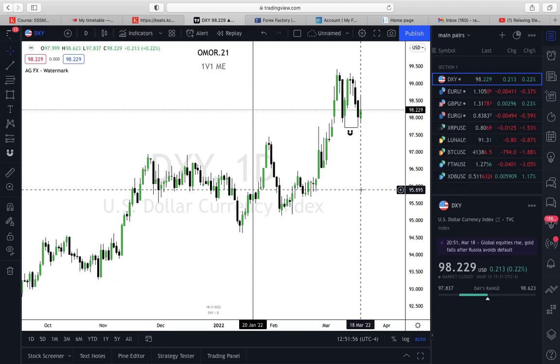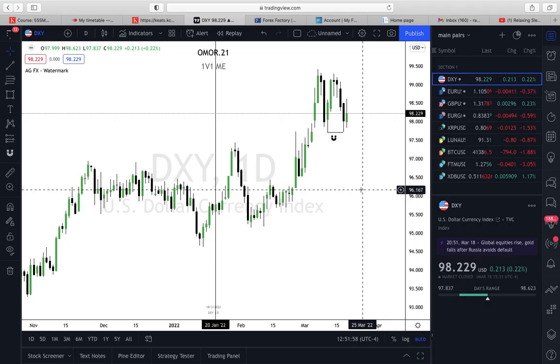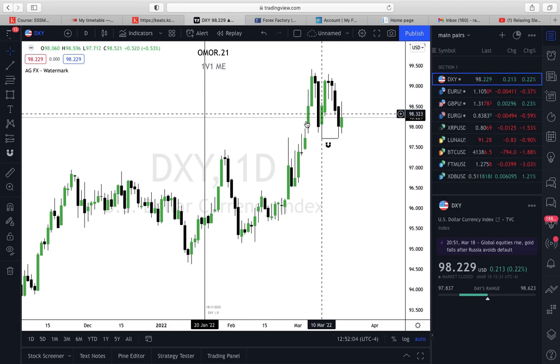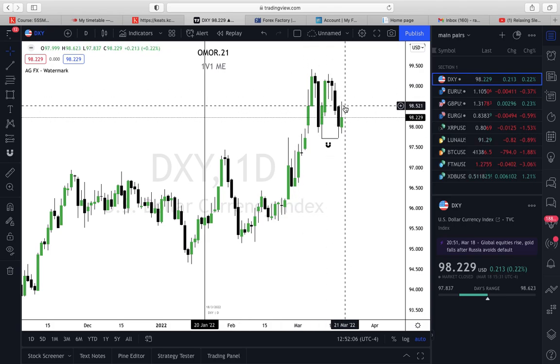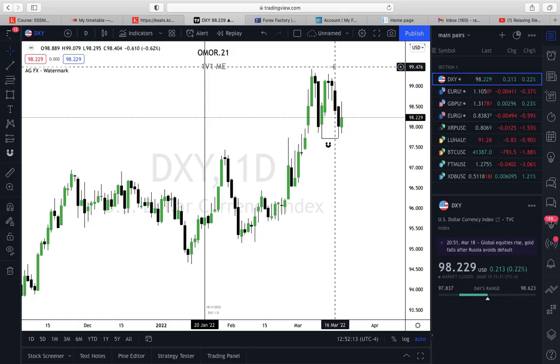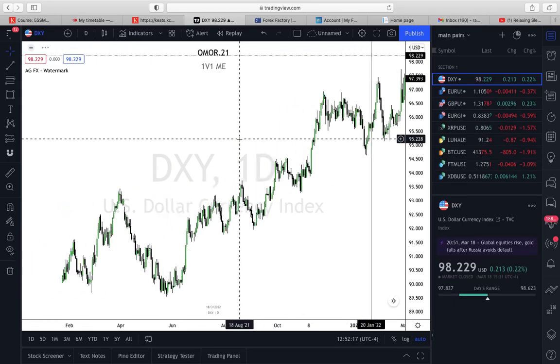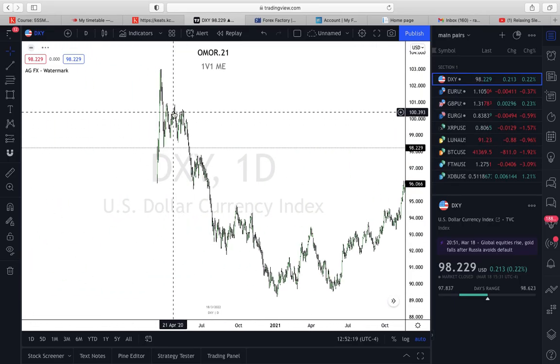I expect Monday is going to be very huge to see where the DXY is trying to go. Right here is very unclear. We're going sideways here. It's unclear what we're doing. I want to see a move lower. Unless we break this high and we're trading above it clearly, then we are going to be attacking these highs.